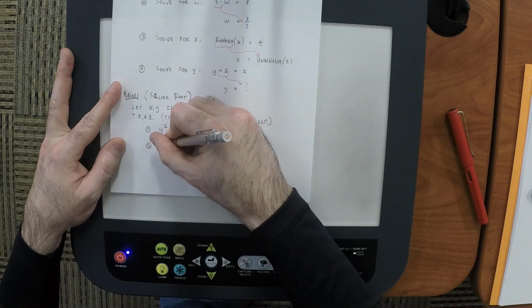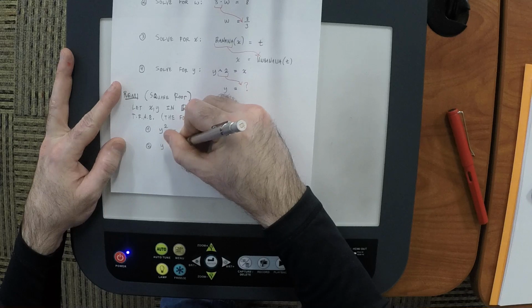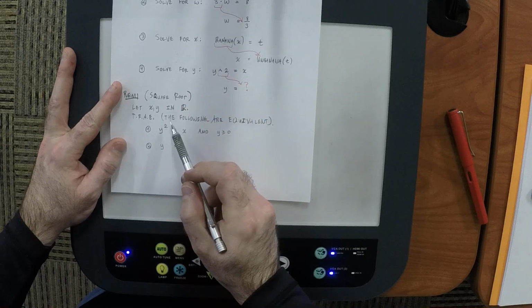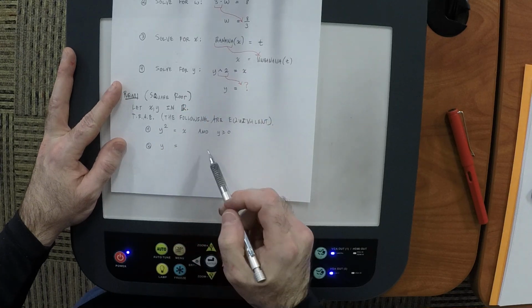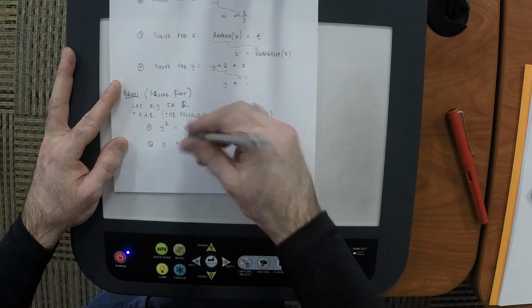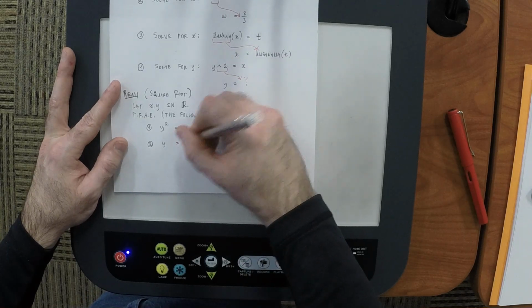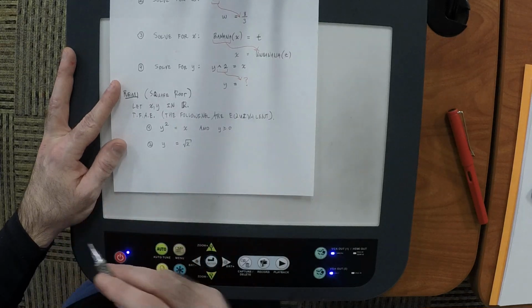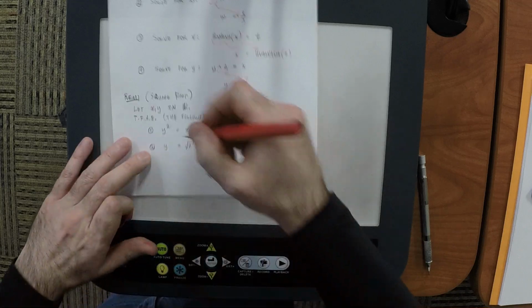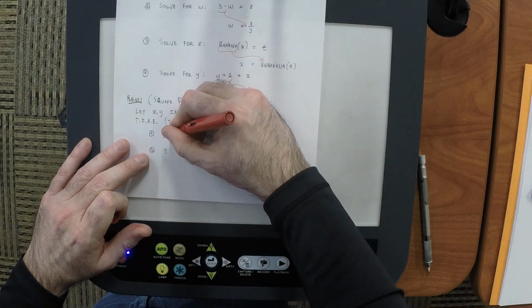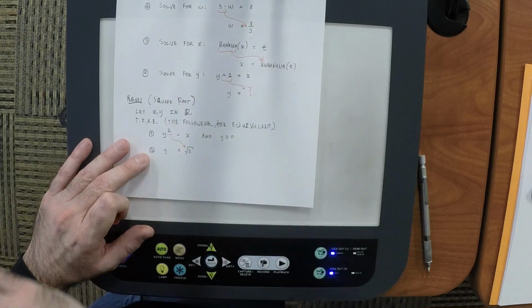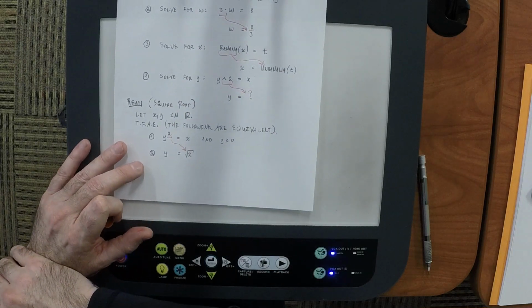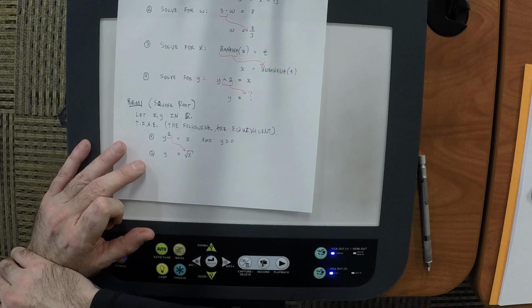That situation is the same as this. I want to solve for y, so I want the caret 2 to switch sides, and when it switches sides, the way that it is written down is like this. That's called the square root of x. So this caret 2, when it switches sides, does that. All right.